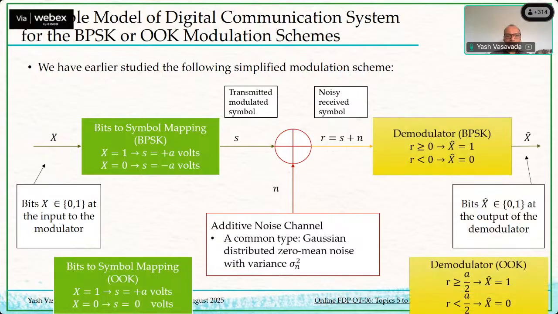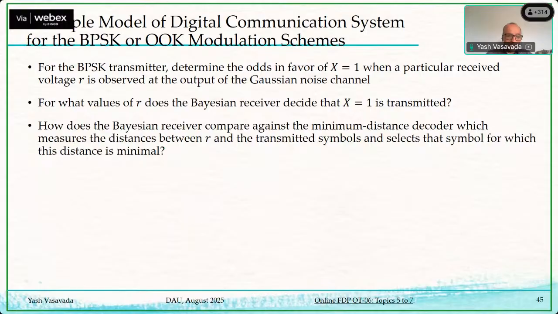Now, the question is that in the presence of noise, how does the receiver, let's say with some optimal detection method, decide whether bit 1 was transmitted or bit 0 was transmitted whenever it receives a particular value of R? Okay, so that is going to be the question that we will talk about.